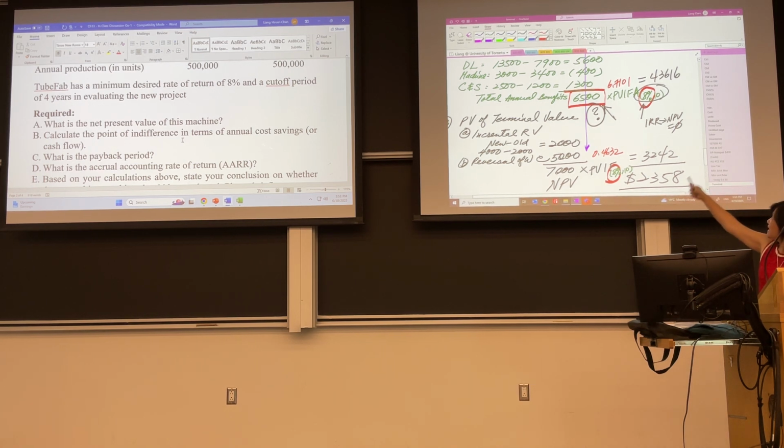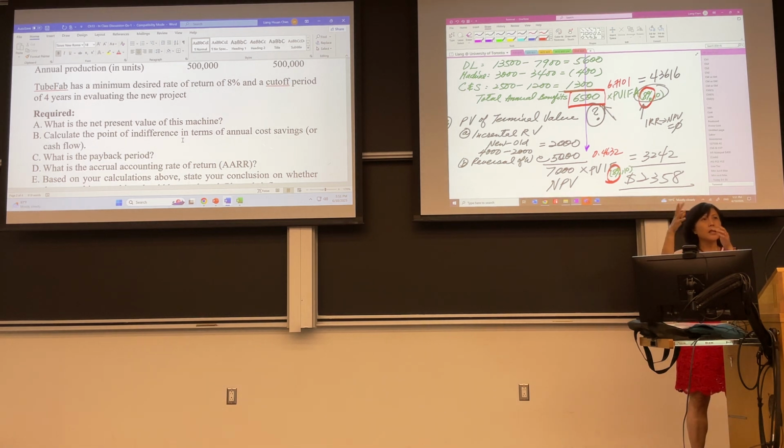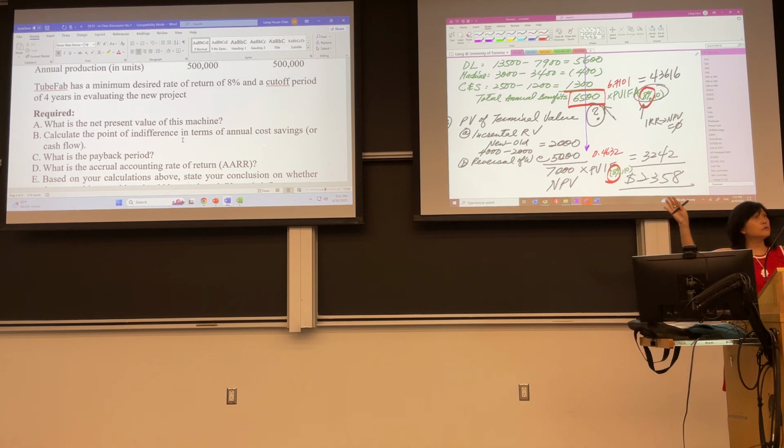When you have two places with this number, it will be very difficult to calculate IRR. You have to do something called trial and error. So if you use 8%, it's positive. Let's make it higher, 10%. If 10% still don't get it 0, you keep going up till you become negative. Then you go back because there are two components. Need the same interest percent, but you go to two different tables. It's very complicated. So when we don't have the residual terminal value here, it becomes very easy to calculate.